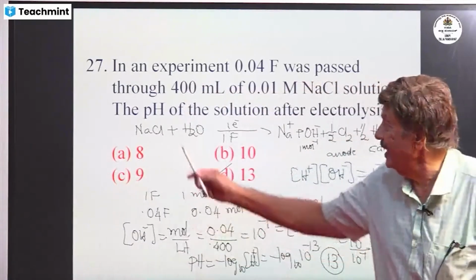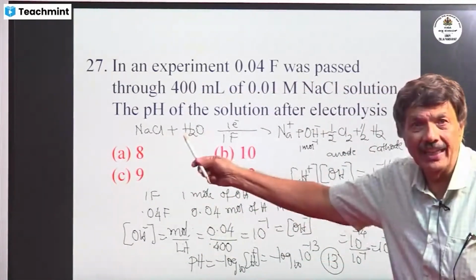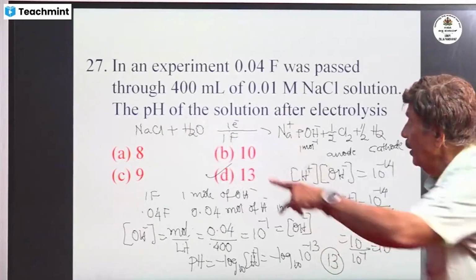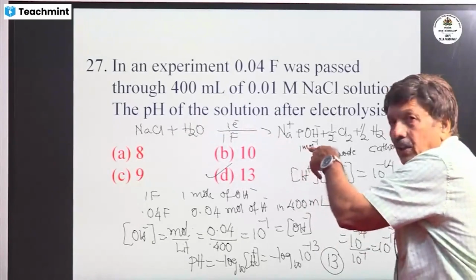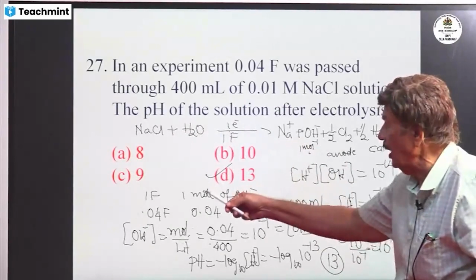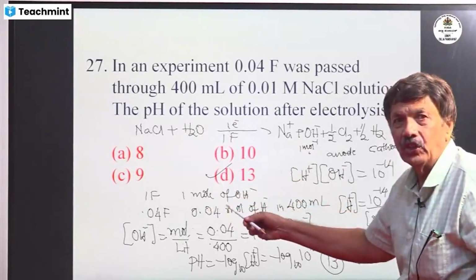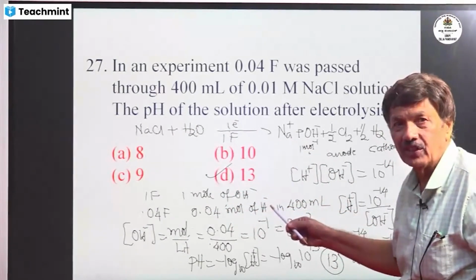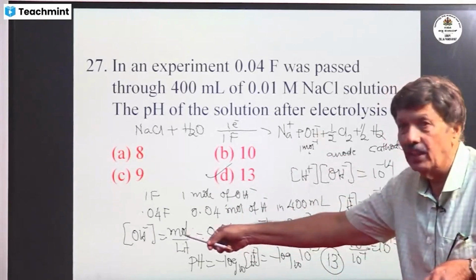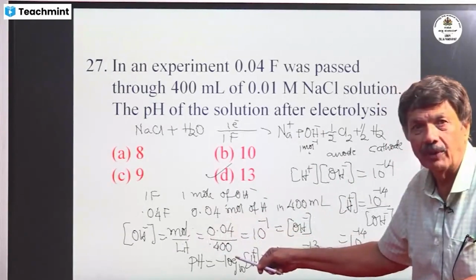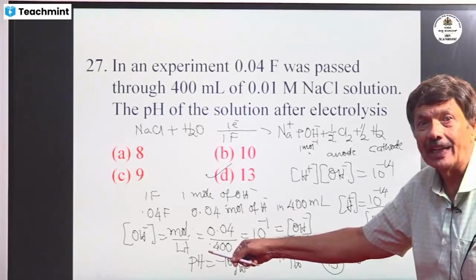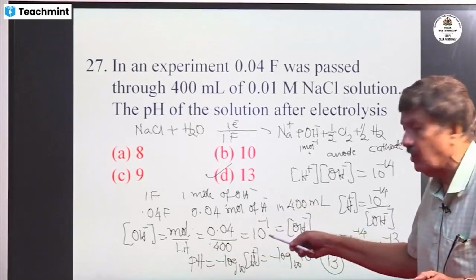This is the net reaction involved in the electrolysis of aqueous solution of sodium chloride. It involves 1 electron, 1 mole of OH minus. 1 Faraday gives 1 mole of OH minus, but what they have passed is 0.04 Faraday, so you should get 0.04 mole of OH minus ions in 400 ml of the solution. I want the concentration in mole per liter: number of moles by volume of the solution in liter. 400 ml divided by 1000 is 0.4 liter, so we got 10 to the power minus 1.